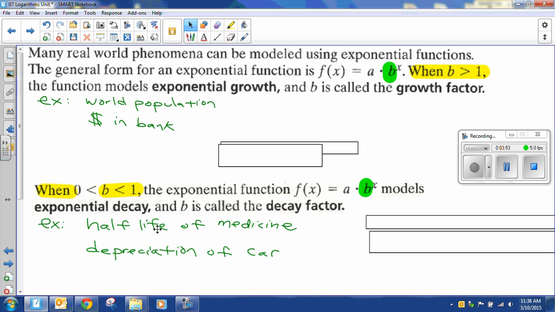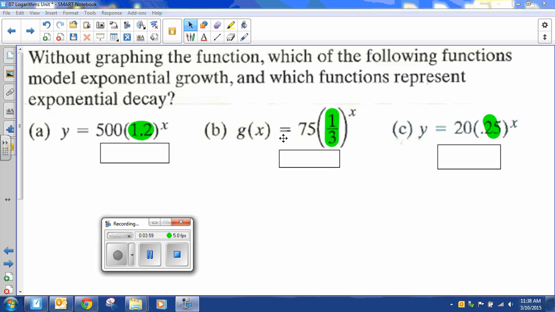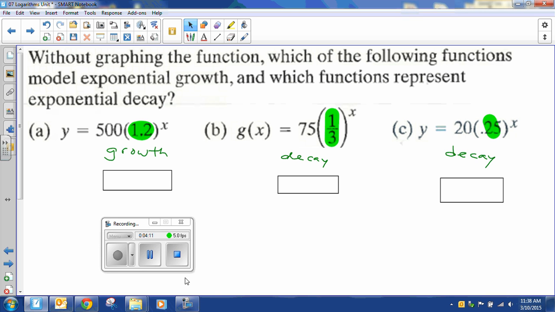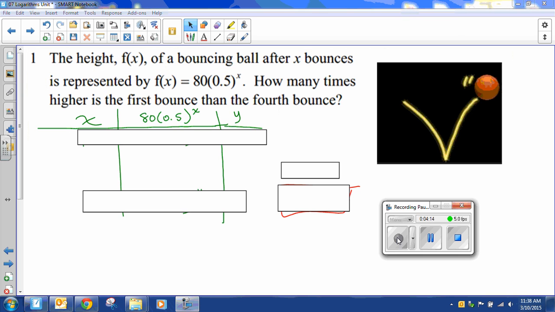Exponential decay would be the half-life of a drug, depreciation of a car. So very quickly, look at this function, and this function. As you can see, the change factor 1.2, this is the base. It is greater than 1, so it's growth. 1/3 is less than 1, so it's decay, and 0.25 is less than 1, so it's also decay.